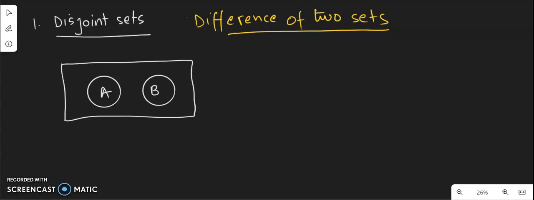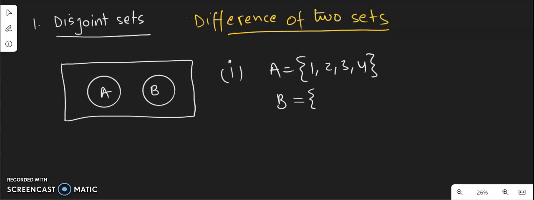I'll take the first example. If you have a set A which is {1, 2, 3, 4}, and you have another set B which is {x such that x belongs to N, a natural number, and 4 ≤ x ≤ 6}.